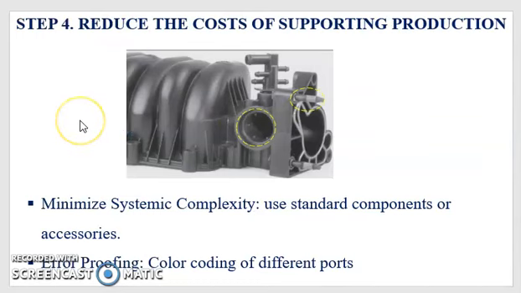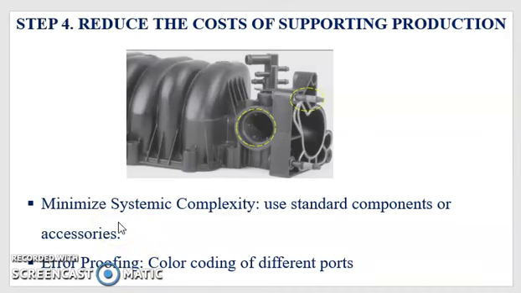Step 4 is to reduce the cost of supporting production. Two guiding principles are commonly used to reduce the cost of supporting production. They are minimize systemic complexity and error proofing.